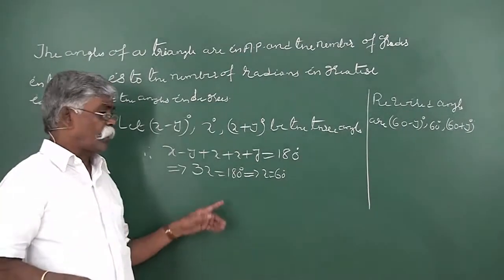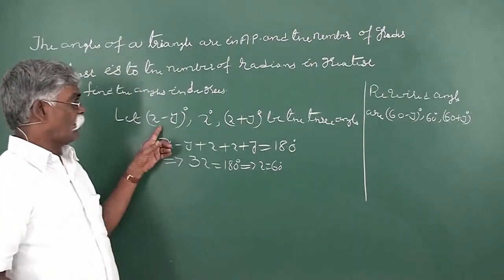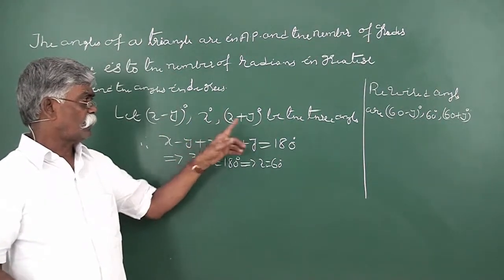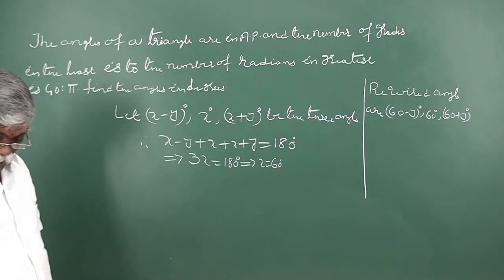So as we have calculated x is equal to 60, the three angles will become 60 minus y, 60 degrees, and 60 plus y degrees.